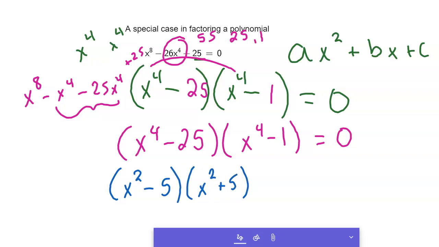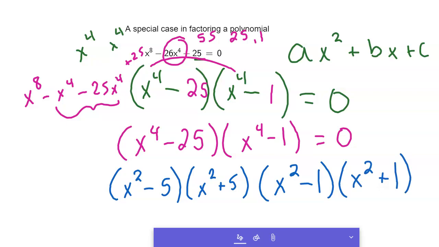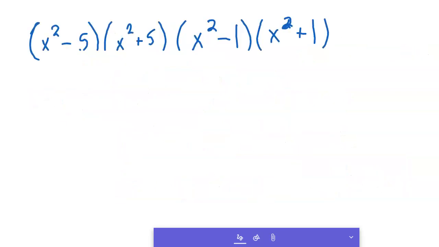Again, you could distribute that to show it equals x to the 4th minus 25. Then x to the 4th minus 1, also a difference of squares, is x squared minus 1 times x squared plus 1. Here I have that recopied: x squared minus 5, x squared plus 5, x squared minus 1, x squared plus 1. And we could keep factoring this.